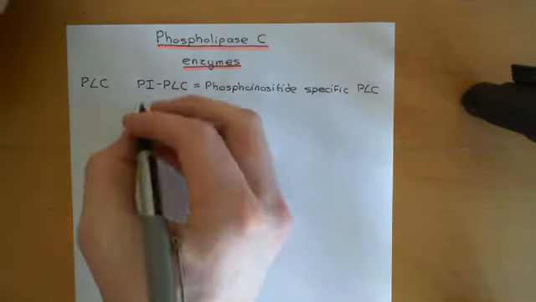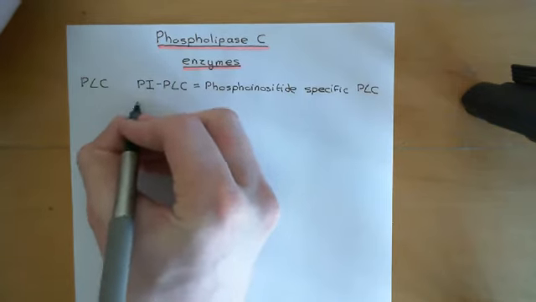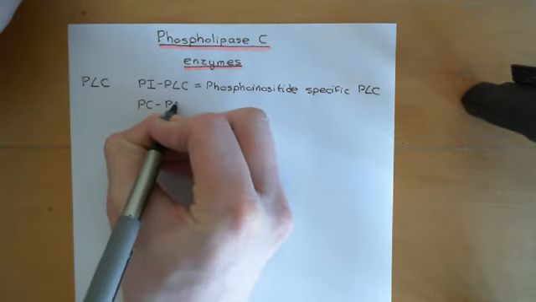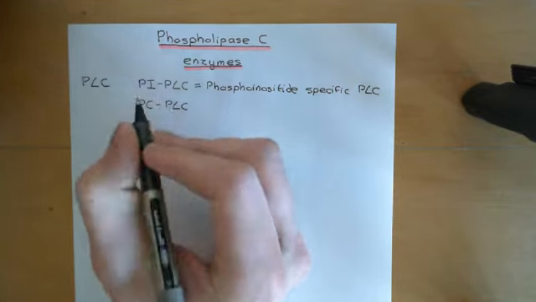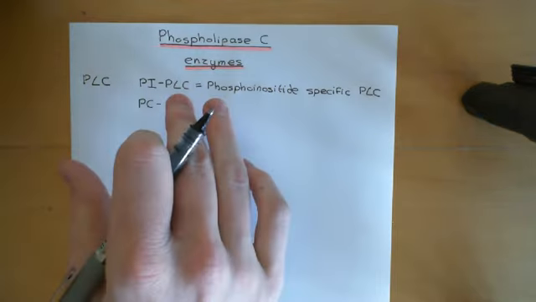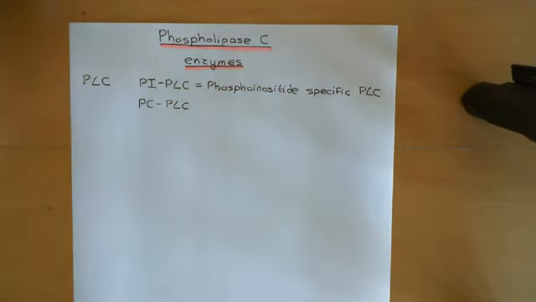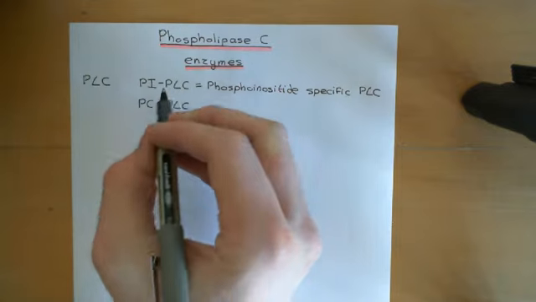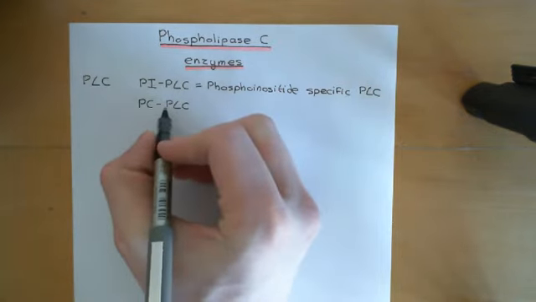There is also another type of phospholipase C, which is known as phosphatidylcholine-specific phospholipase C, which cuts the substrate molecule at the same place as the phosphoinositide-specific phospholipase Cs cut their substrates, but the substrate is different. In this case it's phosphoinositides.